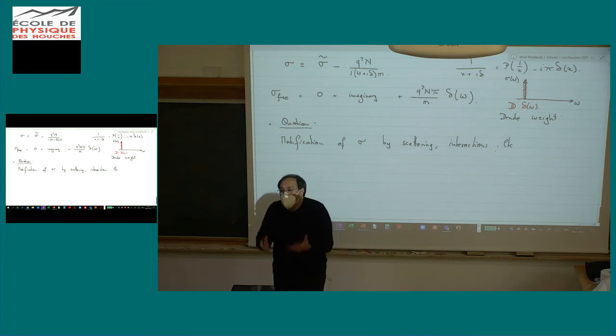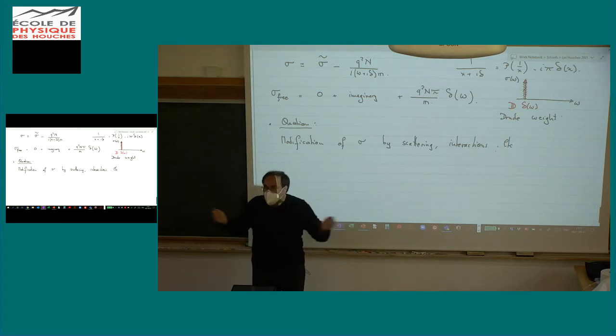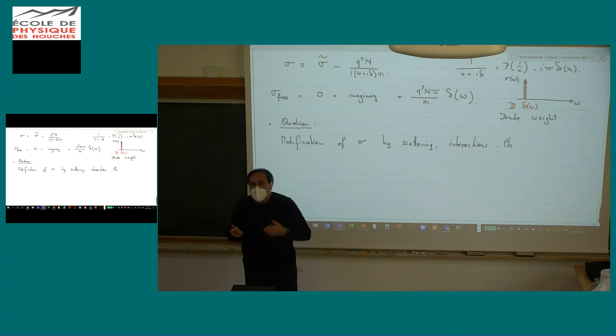If I put disorder, then of course this is not true. I will change my conductivity. If I put interaction in my system, then the particle can scatter, the current is not conserved anymore, and my conductivity will be changed.